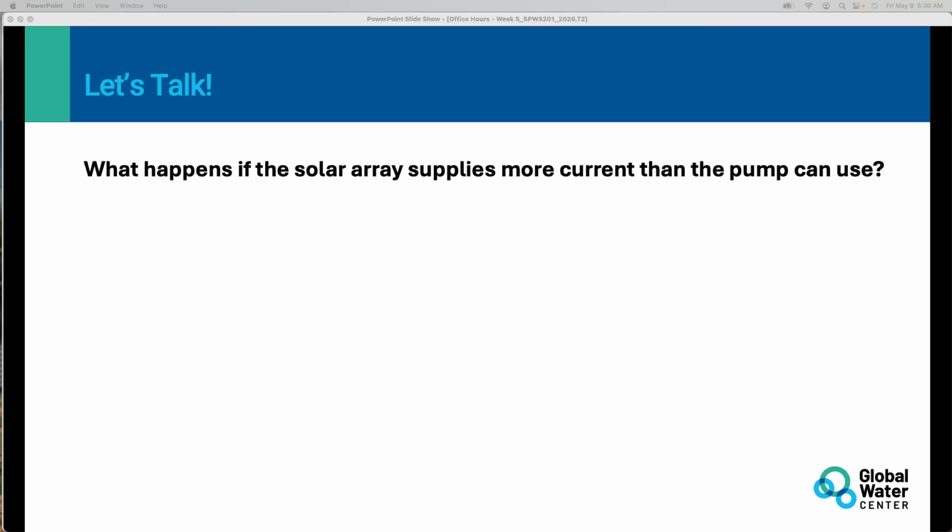If it is beyond its rated current, it's going to cause a problem for the motor of the pump. I think the principle is the same as with the voltage. Thank you. Thanks, Zerahun.